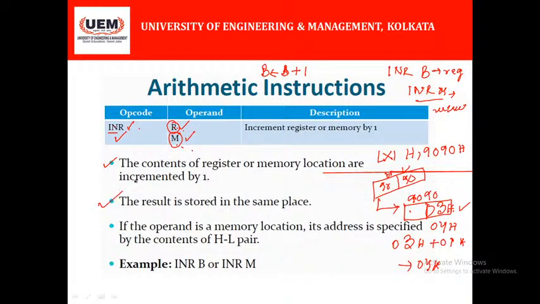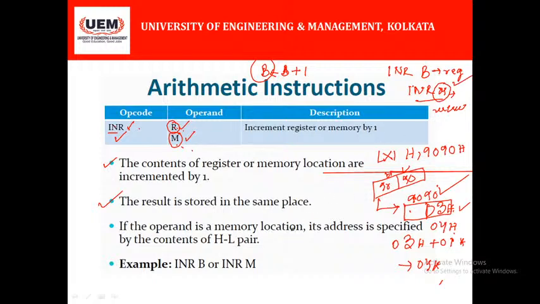After the operation, the result is stored in the same place. That means it can be stored either in the B register, or in the HL register pair, or in the memory location. If the operand is a memory location, for example INR M, what is the operand? The operand is a memory location.